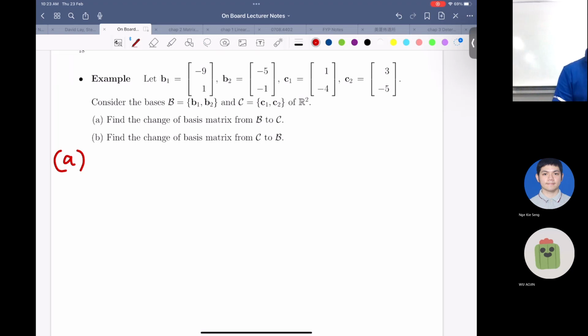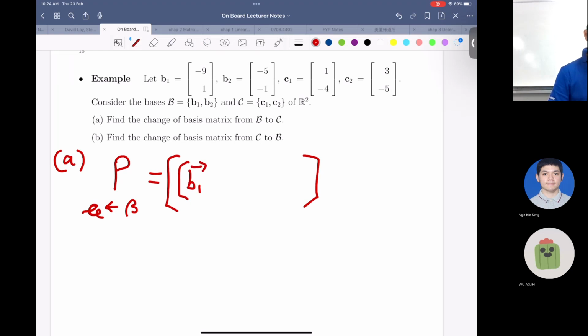So change of basis matrix from B to C. So let's write down B to C. By the theorem, what is B to C? You need to express everything in B in terms of C. So this is what you need to compute.